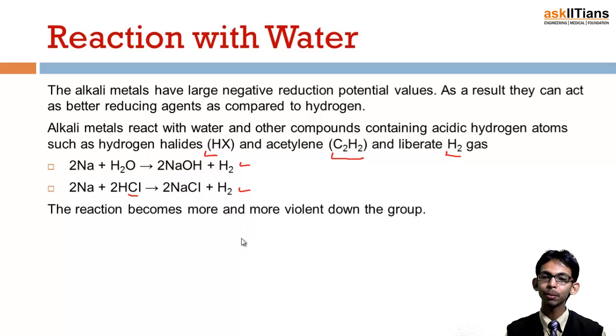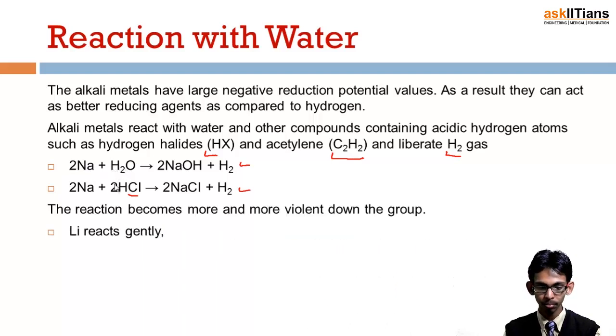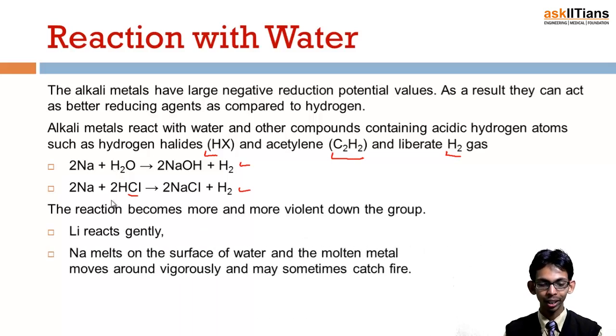And this reaction becomes more and more violent down the group. That means, as we have studied at the very start, the reactivity of alkali metals increases down the group. Lithium reacts very gently, while sodium melts on the surface, starts floating on the surface of water, and sometimes it also catches fire.